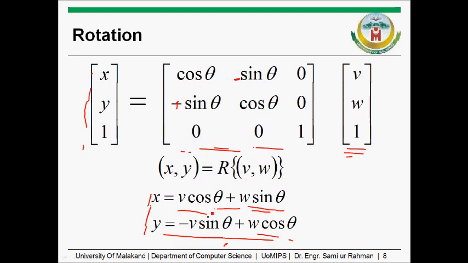So you divide this right side into this 3 by 3 matrix and one vector. When you multiply this 3 by 3 matrix with this one, you get this equation.